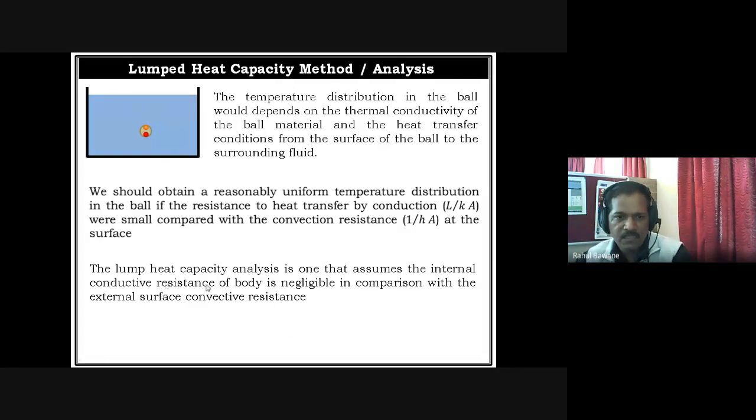The lump heat capacity analysis is one that assumes the internal conductive resistance of the body is negligible in comparison with the external surface convective resistance.